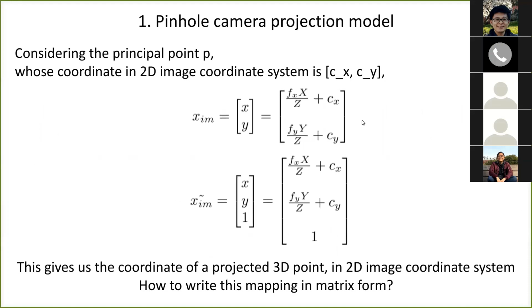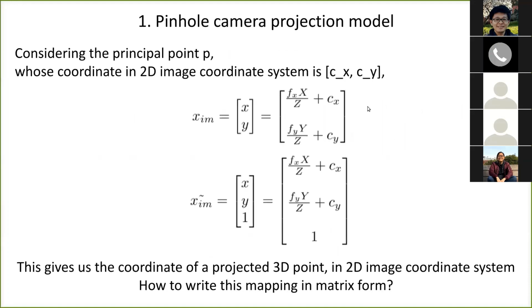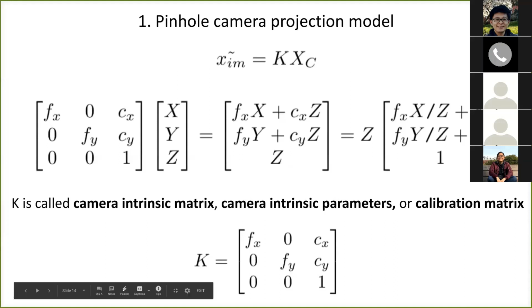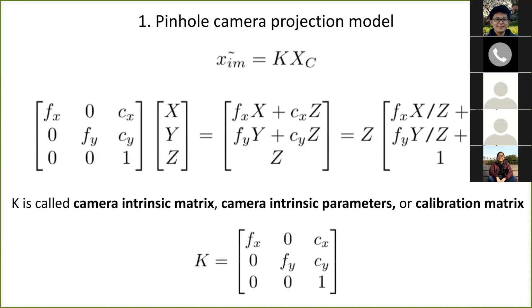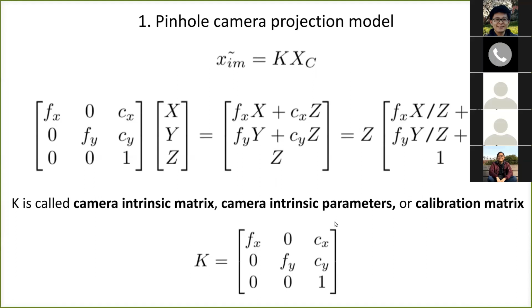So for this 3D to 2D projection, we can actually retain the process in a matrix form. And this matrix is denoted as K, which is known as the camera intrinsic matrix, or the camera intrinsic parameters, or sometimes denoted as the calibration matrix.